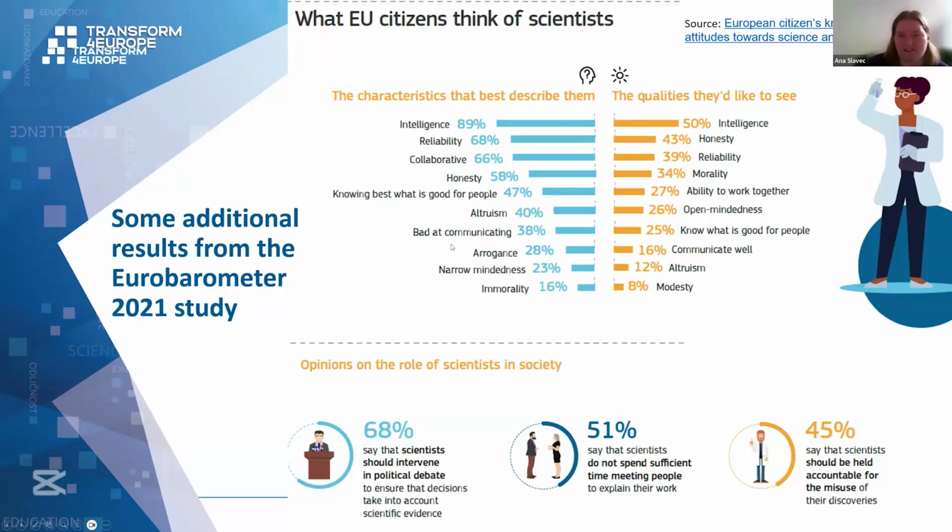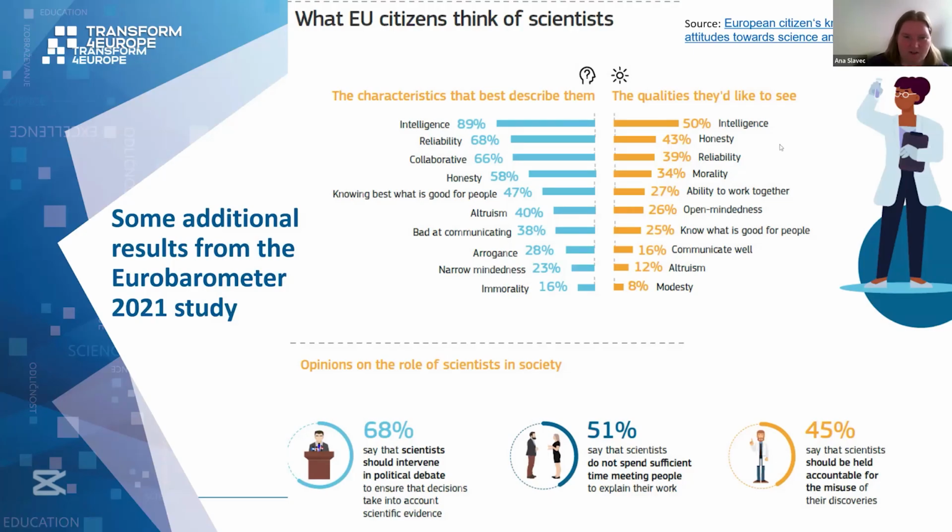But what is interesting and related to this topic, some people pointed out that scientists were bad at communicating. And then on the other side, we have the qualities that they would like to see. And honesty is in second place. But interestingly, communicating well is not very high on the priority list when they were telling what they want from us, but honesty was very high.